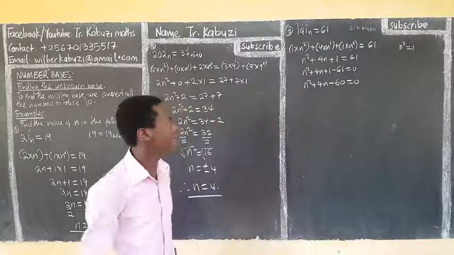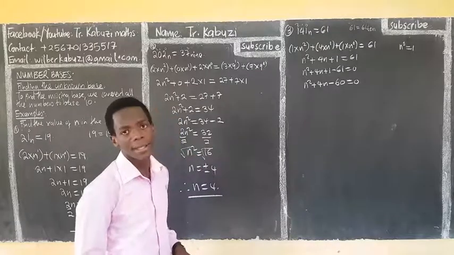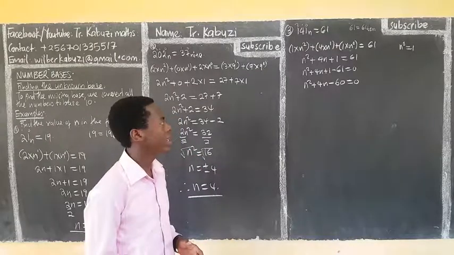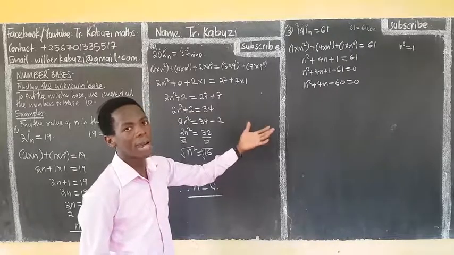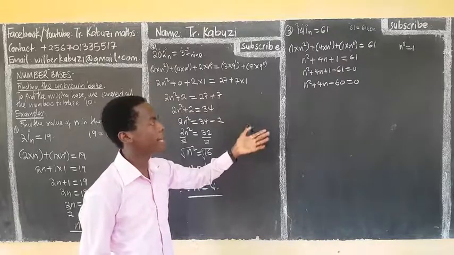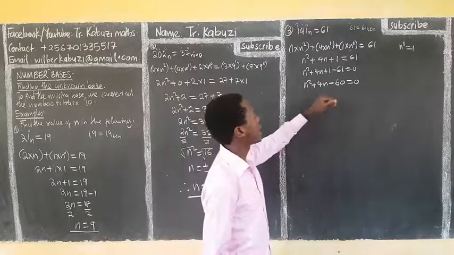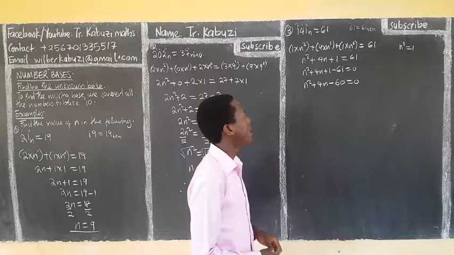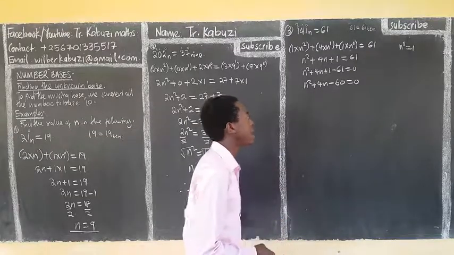There we are going to use quadratic equations. You can either use the formula, or you can use factorization, or you can complete squares, but factorization works better. Two numbers that multiply to give 60 and add to give 4. What are those numbers?